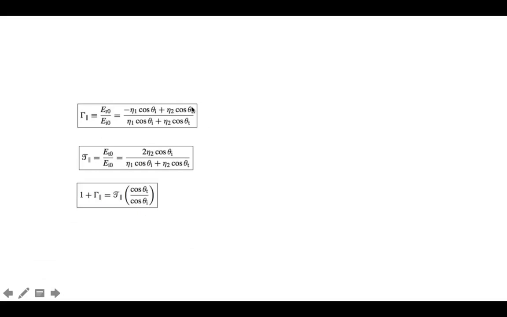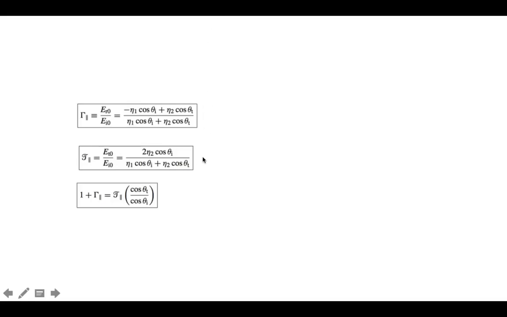All right, given the boundary conditions that tangential E has to be continuous and tangential H has to be continuous within a surface current, given that this has zero conductivity and we have no surface current, applying those two boundary conditions, we can get the following expressions.